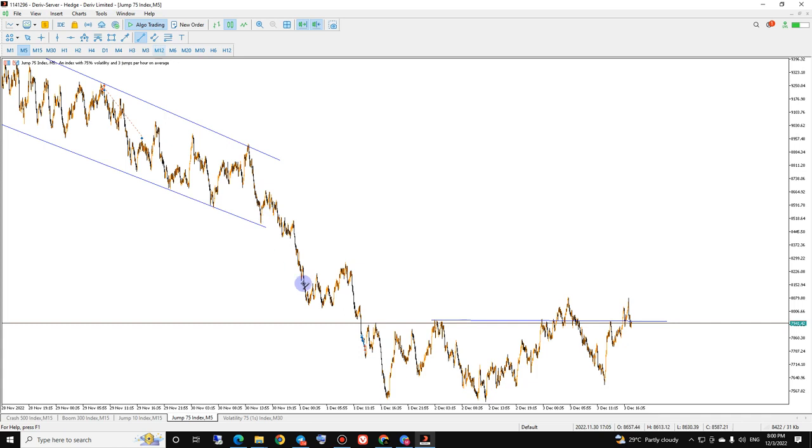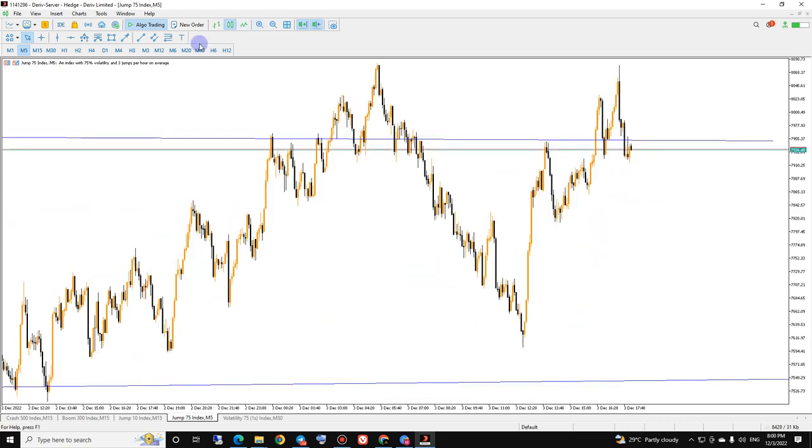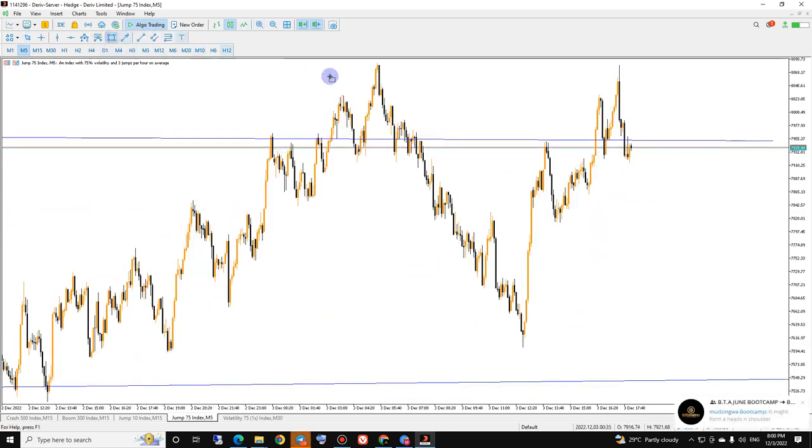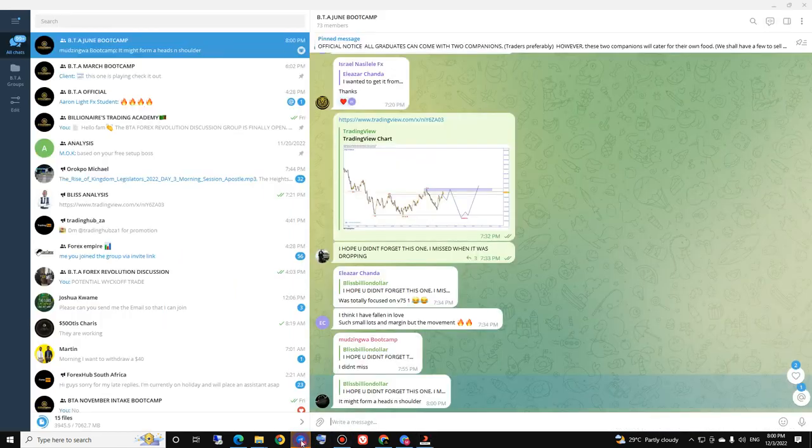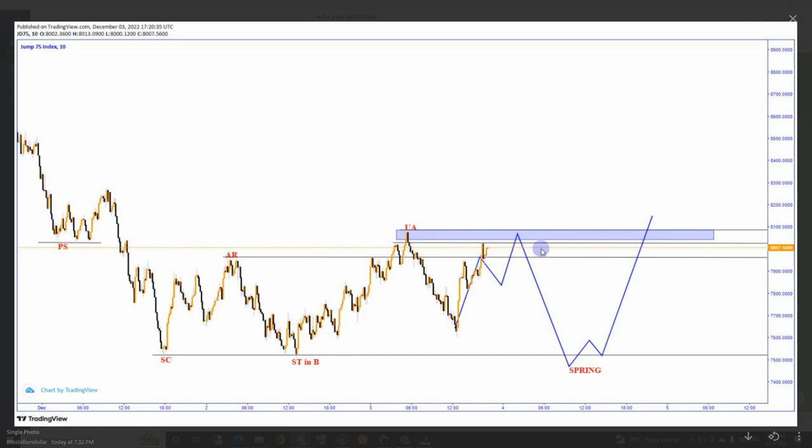But since you already saw the analysis from there, I'll just do it roughly. You can see that this is a Wyckoff that I plotted, and I was able to predict that the market is going to reach this area where the IFC was. It reached that area and started dropping just like I had analyzed.